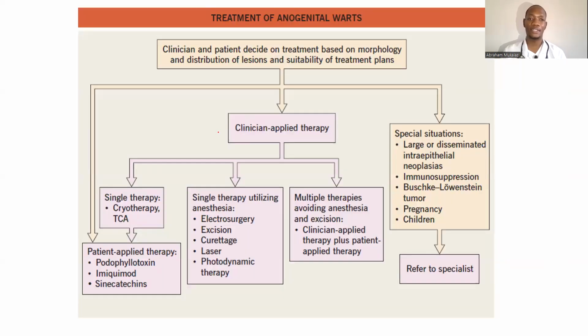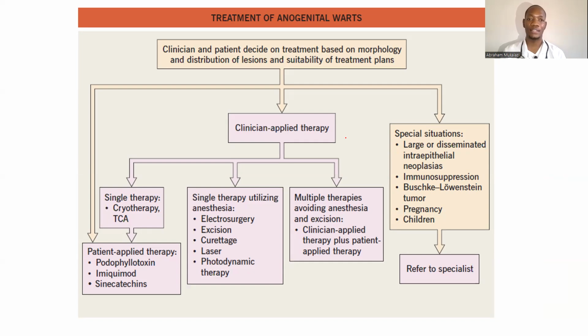Then if it is genital warts, usually it can be medication that you apply as the practicing dermatologist, or medication you can give a patient to apply by themselves, depending on the size of the wart. For things like imiquimod, the low concentration, like 5% podophyllotoxin, those ones can be patient applied.